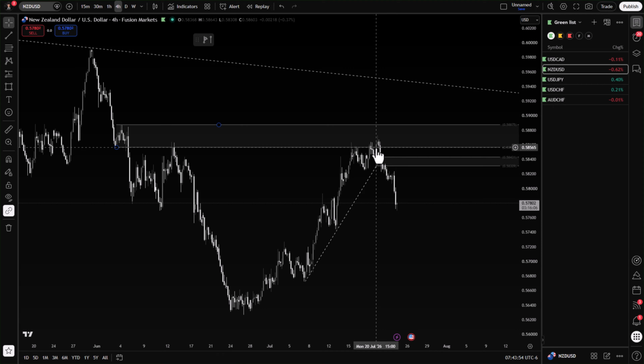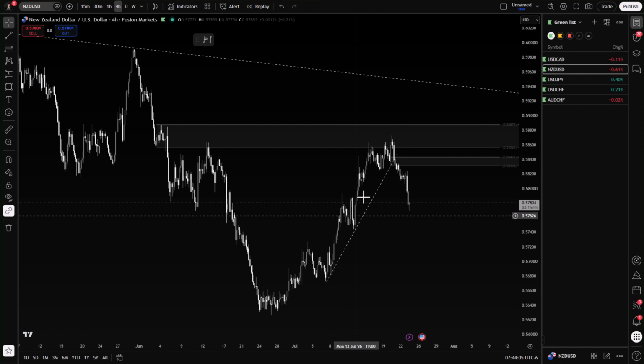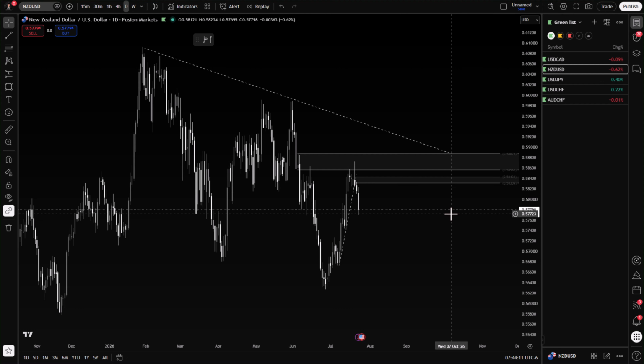So we have this area of supply on the daily time frame. Price bounced off this area of supply, and on the 4-hour time frame, we also see this bullish trend line. See how trend lines play a key role in this strategy when you trade supply and demand, or when you use simple price action.